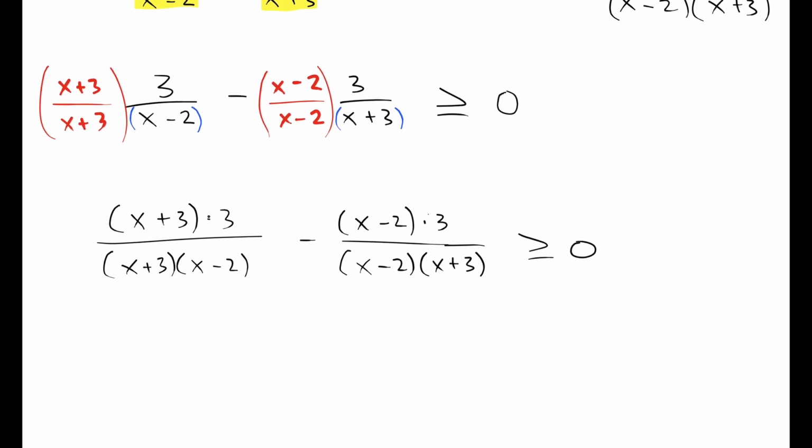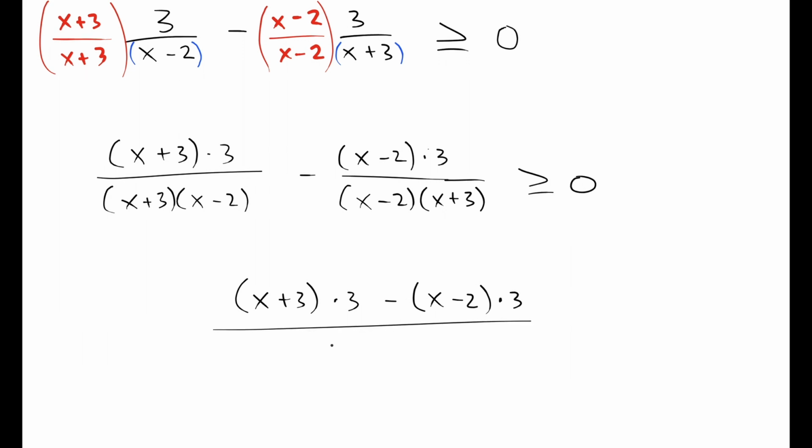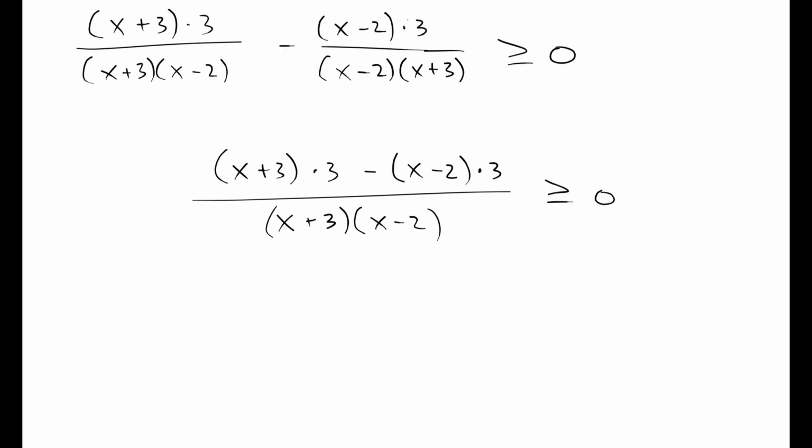What we can do now is combine the numerators into one numerator, making it x plus 3 times 3 minus x minus 2 times 3, all over x plus 3 times x minus 2. And as you can see, we've converted it into the type of problem that we had earlier. So let's go ahead and simplify this numerator by distributing.